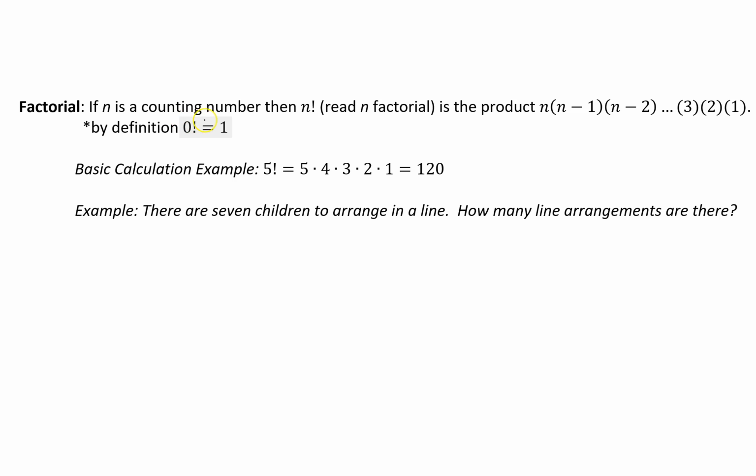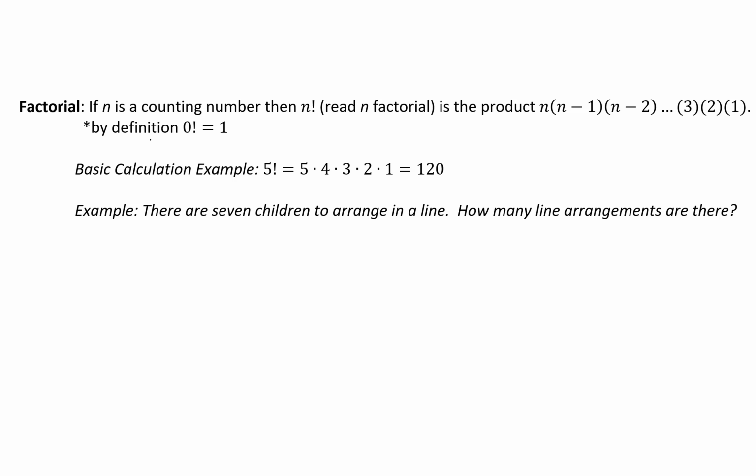If n is a counting number, then n factorial is the product of that number you start with, n, times one number smaller, times the next number, until you get down to 3, 2, 1. And also by definition, 0 factorial is equal to 1. That's just a definition. There's no real reason behind it other than that's what it is.